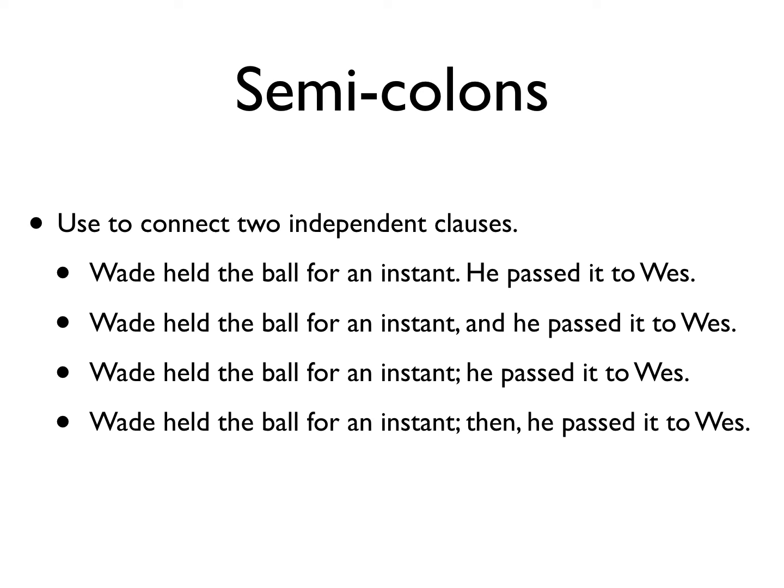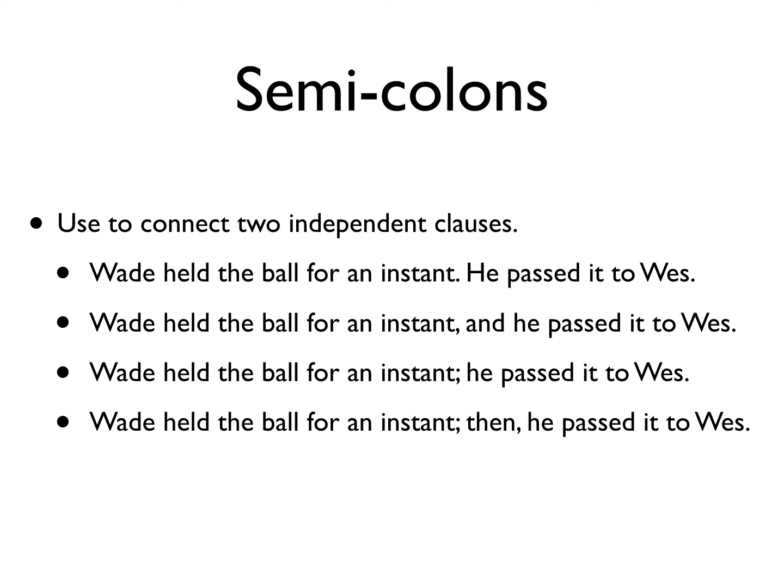So we might connect two independent clauses together with a coordinating conjunction. Remember that, fanboys? For, and, nor, but, or, yet, so. Those are coordinating conjunctions. So when we put two independent clauses together with a coordinating conjunction, we make sure we don't forget that comma.